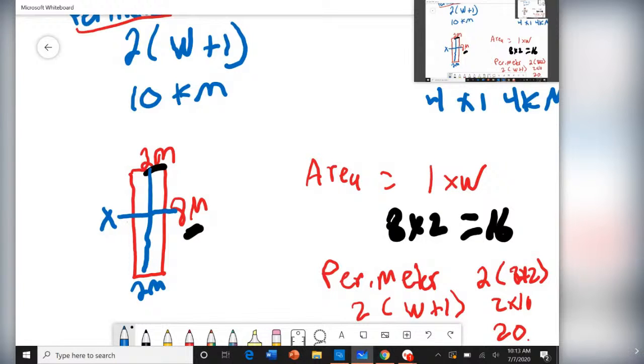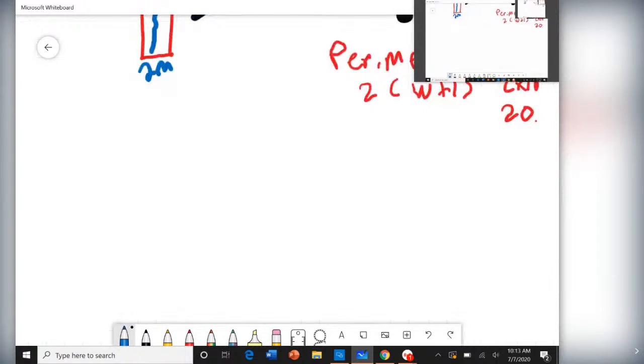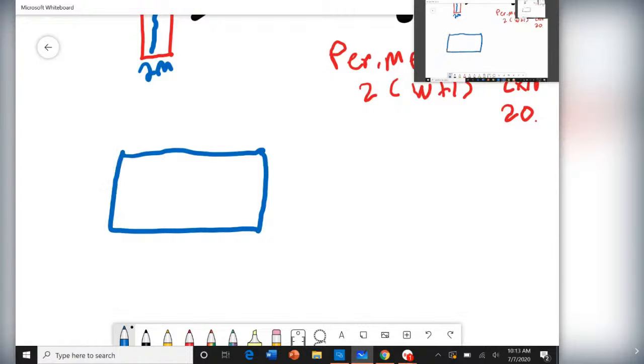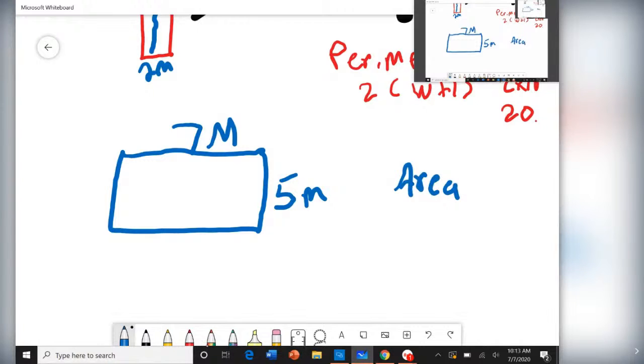Okay, let's do one more. And this one, it's 7 meters and 5. So we know it's not a square because we have two different lengths. So the area for this, remember, area for a rectangle is going to be length times width. So it's going to be 7 times 5, and that's going to give you 35.